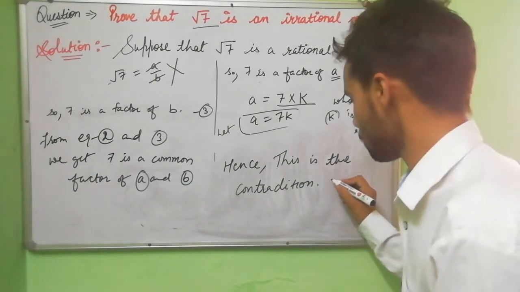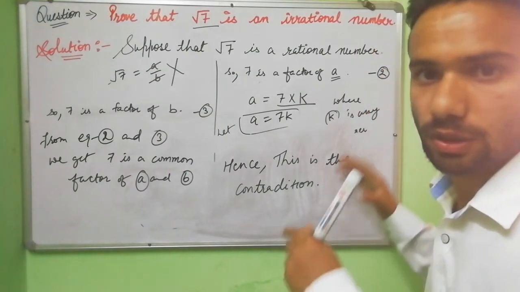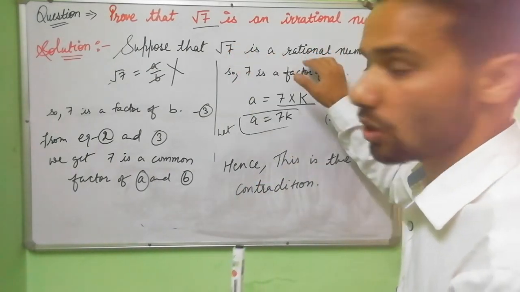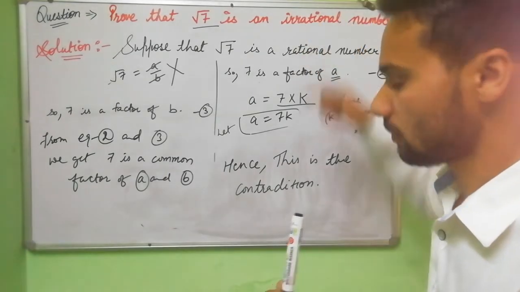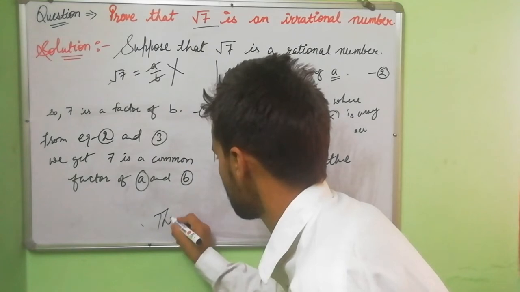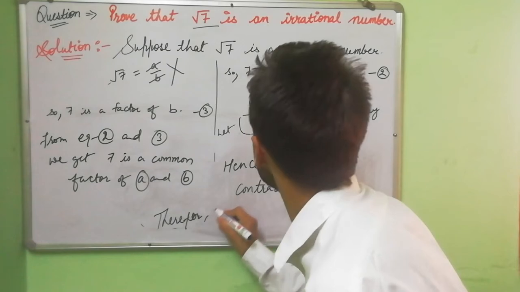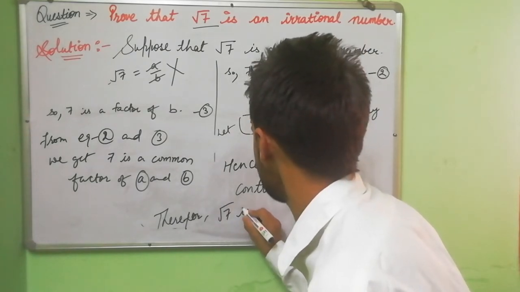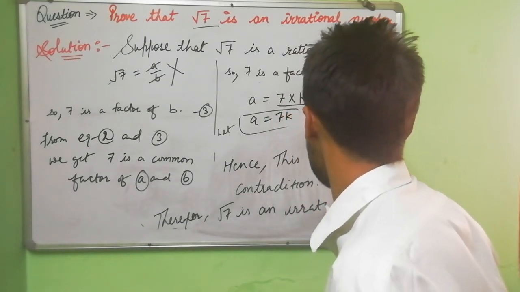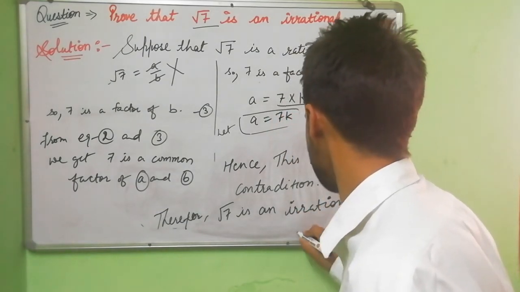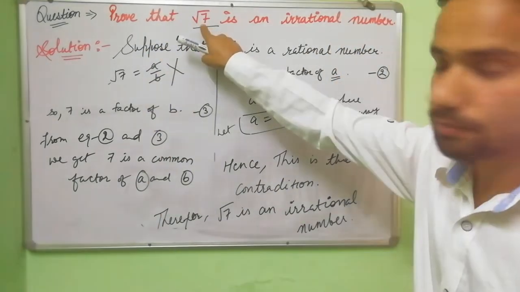Contradiction means our supposition becomes wrong. You can also write our supposition becomes wrong. So this number is not a rational number. What is it called? It is called an irrational number. Therefore, square root of 7 is an irrational number. In this way I solve this problem.